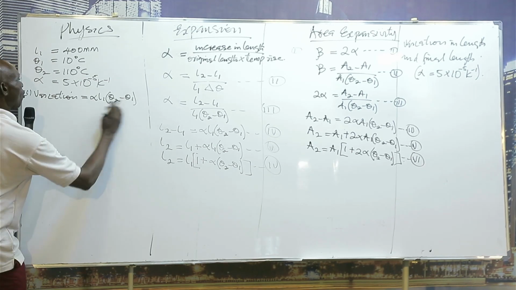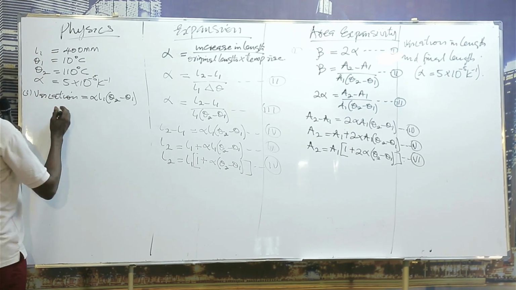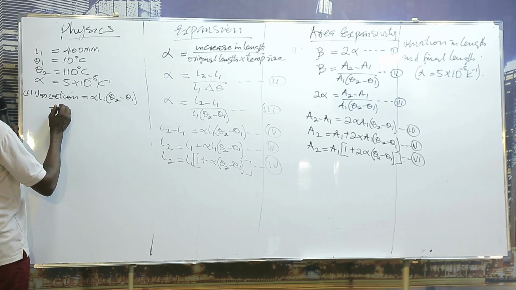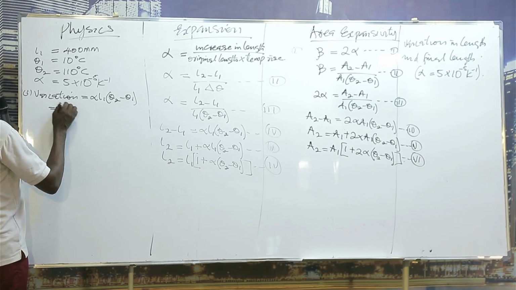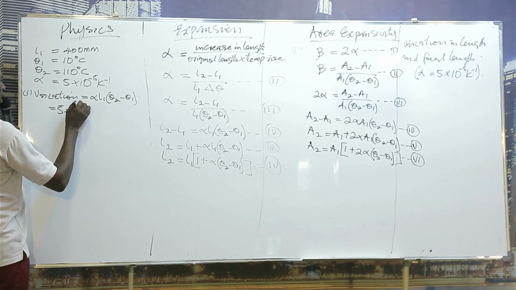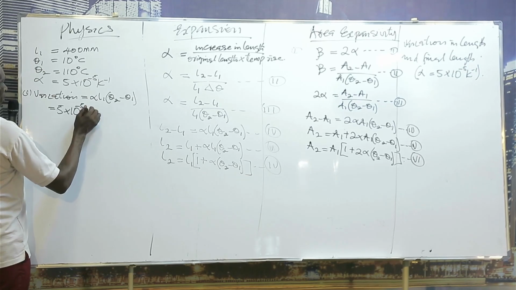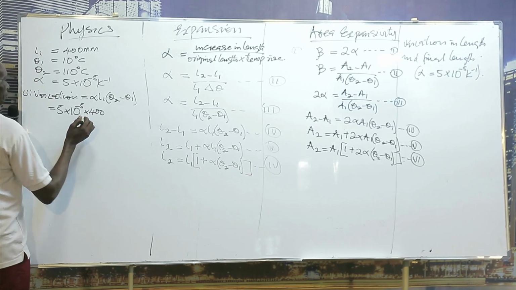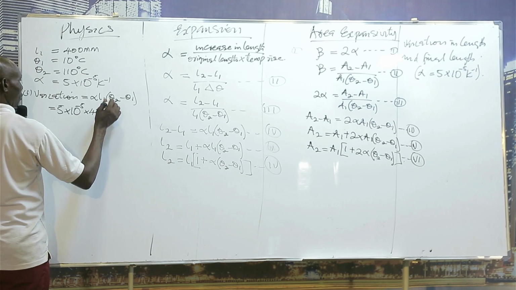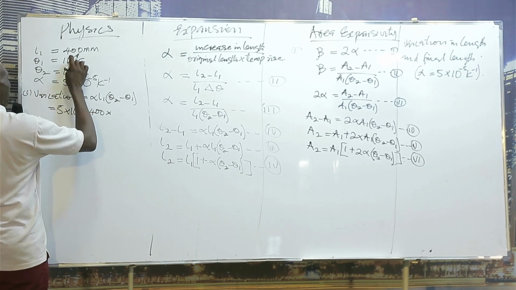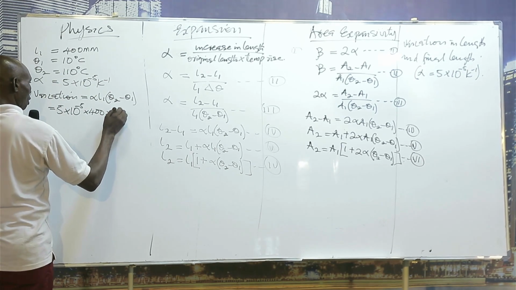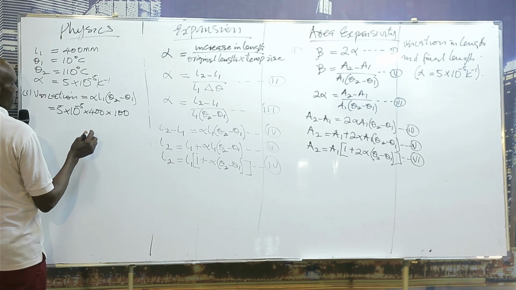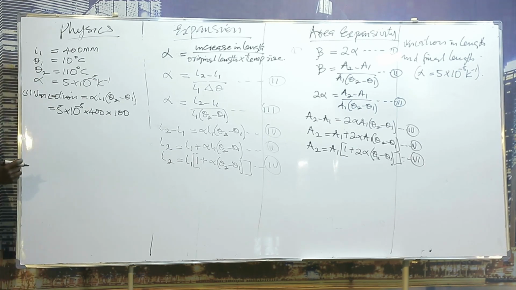Because these things are here already, I will just replace. Alpha is 5 exponential minus 5. Length is 400 times this minus this, which is 100.